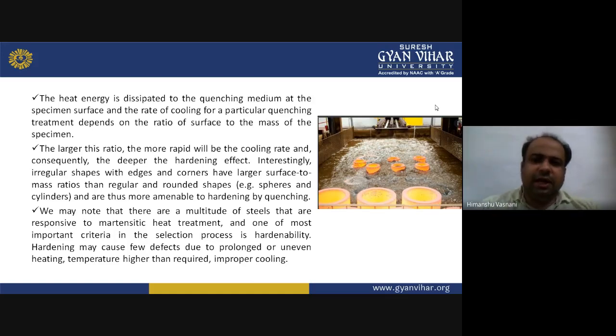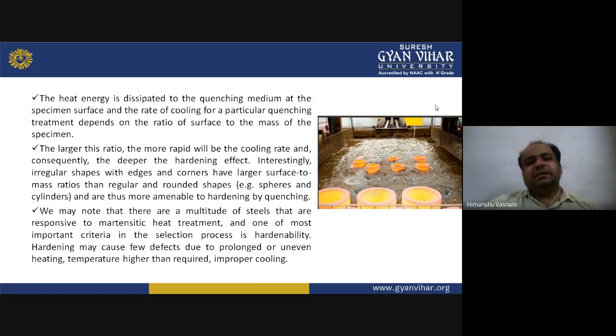Here the individual workpieces have to be dipped individually because the size is big, but in the previous figure the size was smaller, so they took a lot in one lot and dipped it into the quenching medium. So it depends upon the application, and the geometry and size of the workpiece.